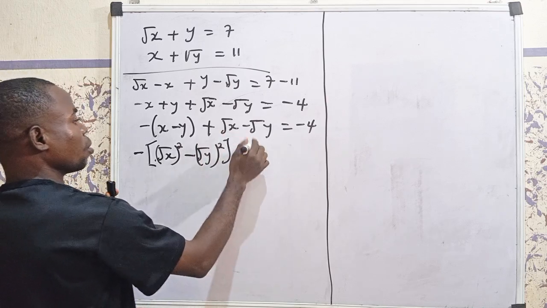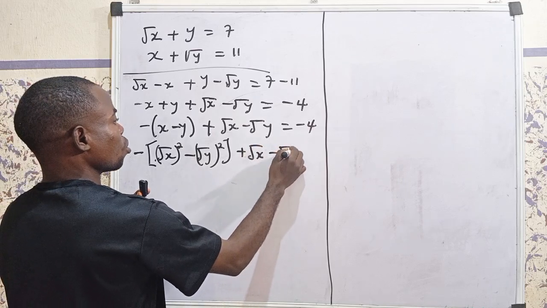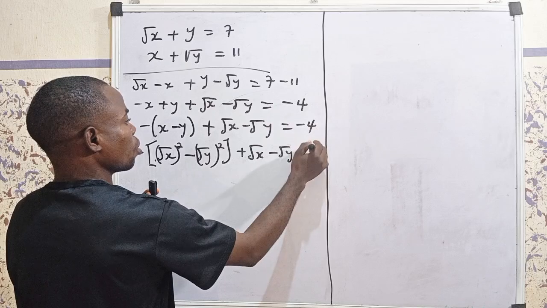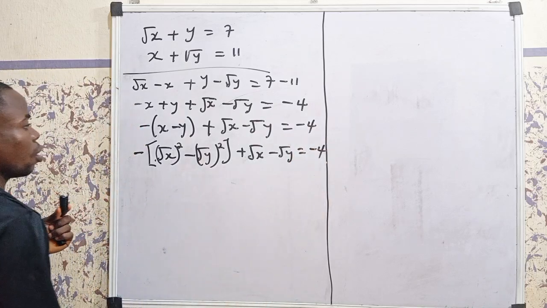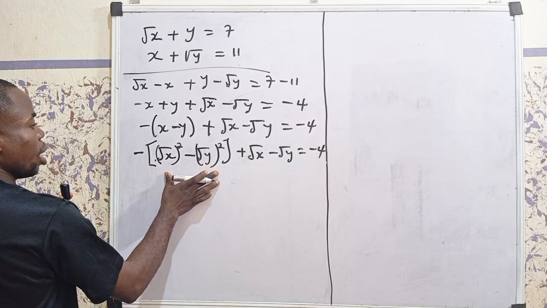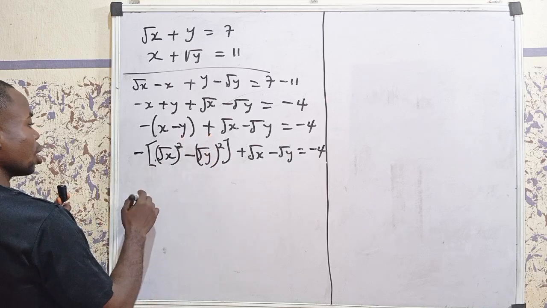Okay, and then of course I repeat this. Root x minus root y is equal to minus 4. Okay, so I will use the expression for the difference of two squares to expand this.